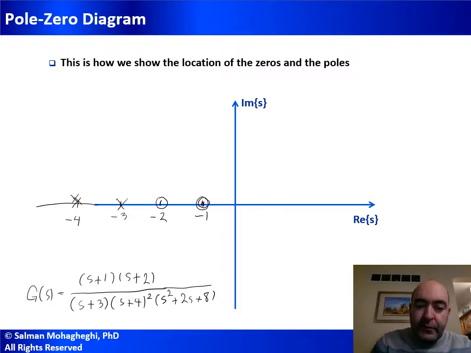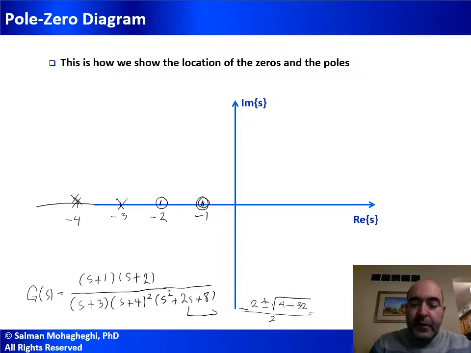The next thing I have to figure out is the poles related to this term s squared plus 2s plus 8. These roots are going to be minus 2 plus or minus the square root of 4 minus 4 times 8, 32, divided by 2.